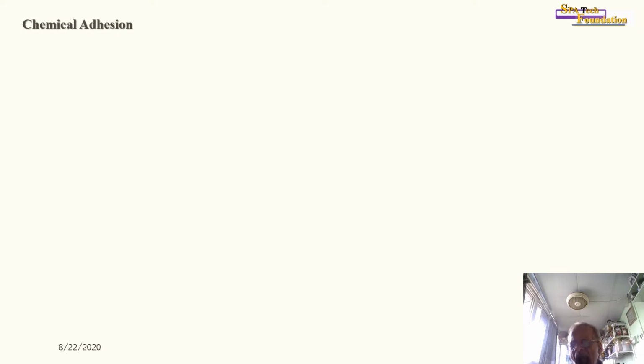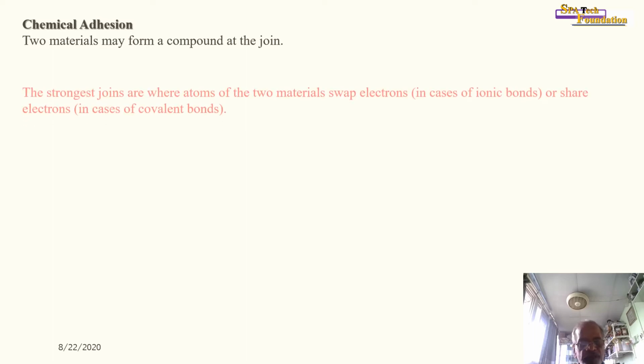Chemical adhesion. Two materials may form a compound at the joint. The strongest joints are where atoms of the two materials swap electrons in the case of ionic bonds or share electrons in the case of covalent bonds.